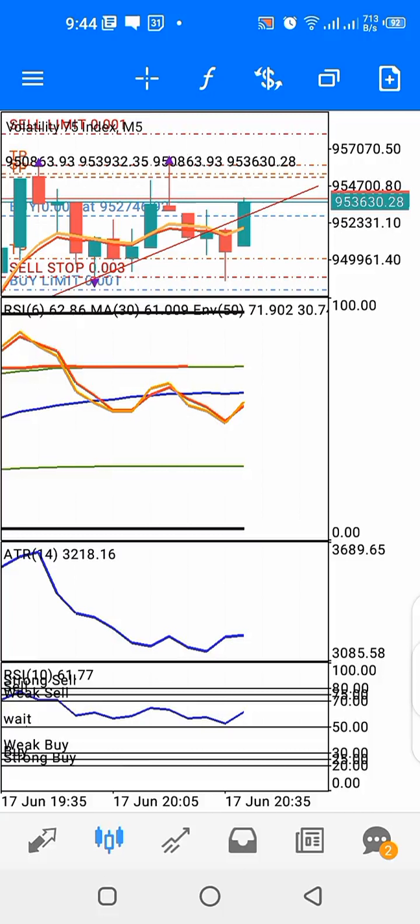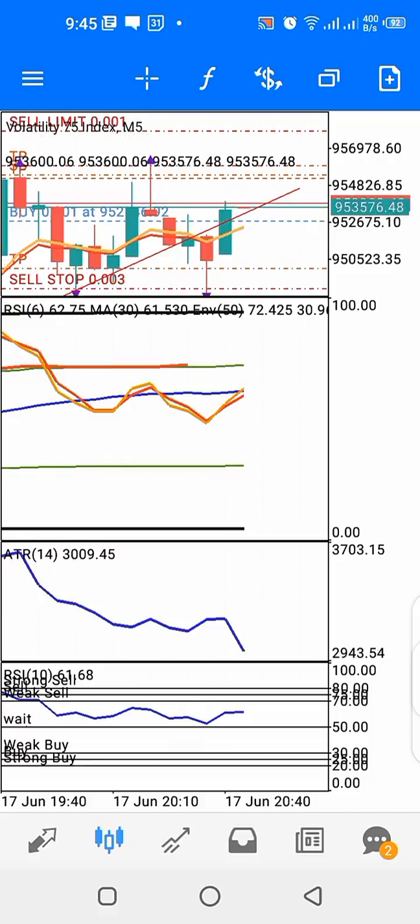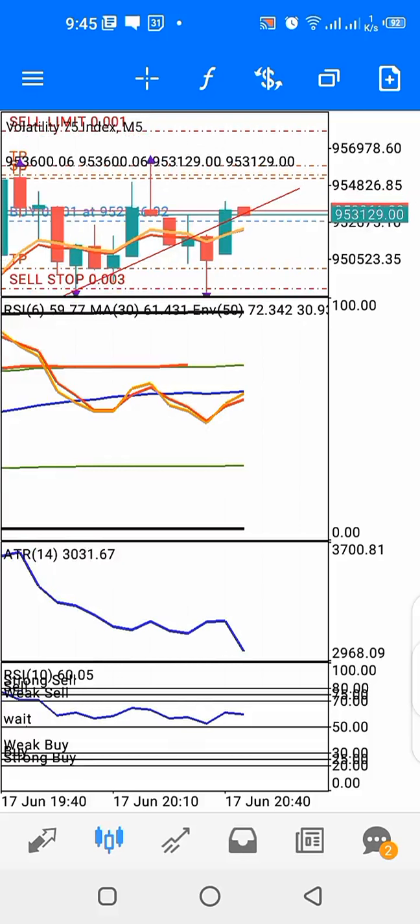which is 0.003. Now for my sell stop order, I inputted take profit to be 2,500 points, and the stop loss for this hedge trade to be around 80 points above the take profit for my buy trade.